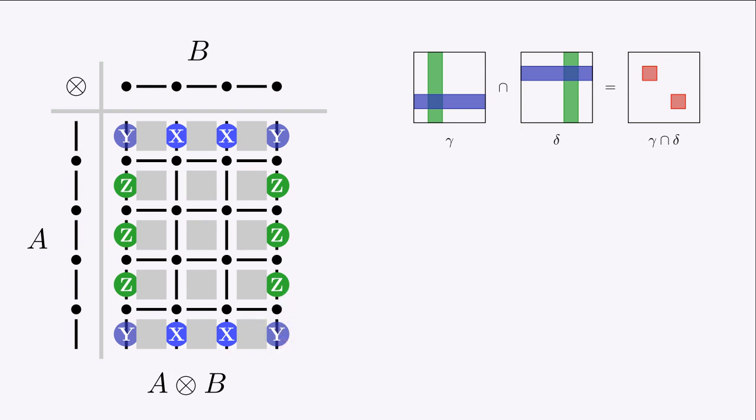And there's no way to fit a logical operator inside these two qubits. So this overlap region is going to be correctable, and the Bravyi-Koenig argument then tells us that transversal gates for this code must be Clifford.